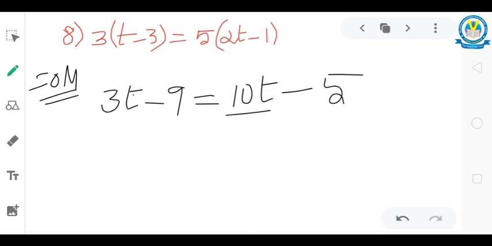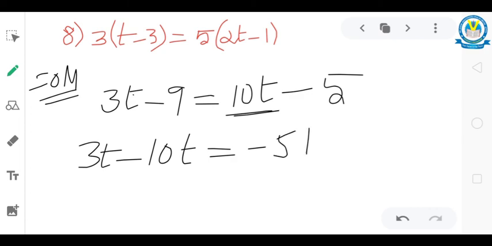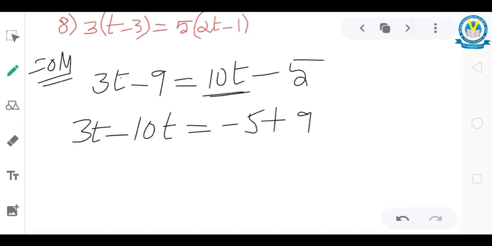First, here 10t is a positive integer. After moving this side, it turns into a negative integer: 3t minus 10t equals, this is a negative integer, after moving it turns into a positive integer. Both have different signs, so subtraction: 10 minus 3, 7t.